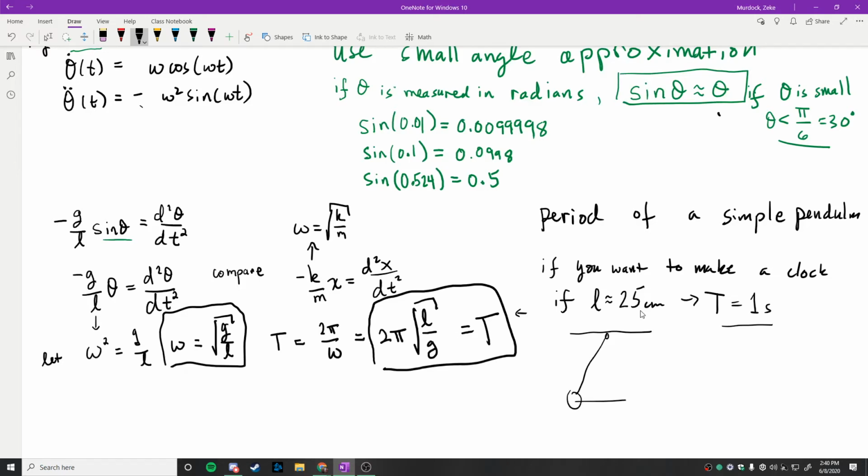It's going to swing to here, that's half of a cycle. Then it swings back again until it gets to here. That takes 0.5 seconds this way, 0.5 seconds this way, and that's 1 full revolution. Half the period this way, half the period back that way, and that's 1 second.